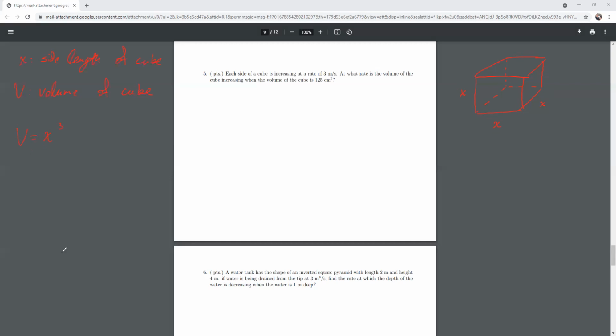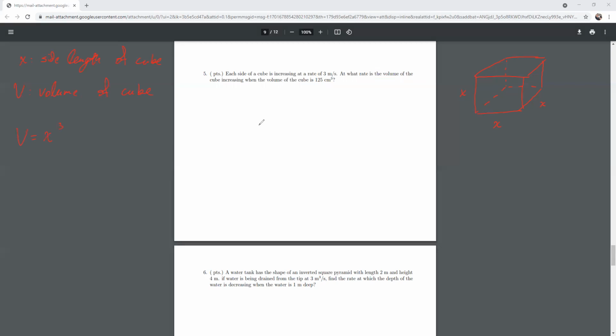And now let's figure out our goal. Our goal is to figure out at what rate the volume of the cube is increasing. So they're asking what rate the volume is increasing. When you hear rate increasing or decreasing, think derivative, right?